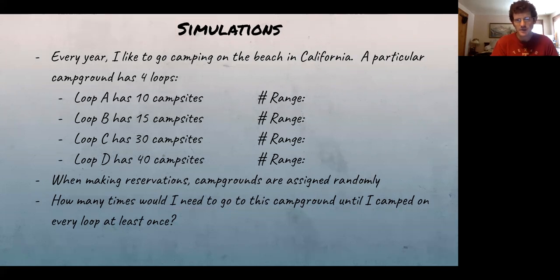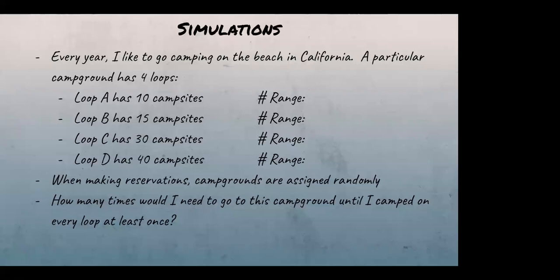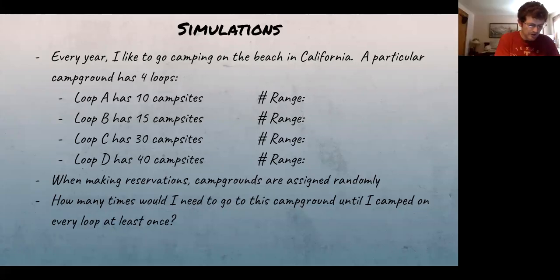First of all, how many campsites do we have total? 95. 95 campsites. So let's just imagine here, I randomly generate a number between 1 to 95.